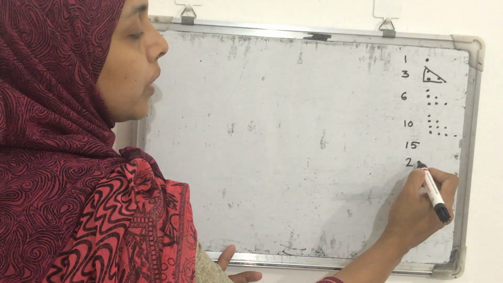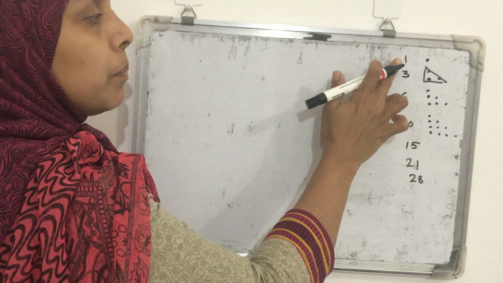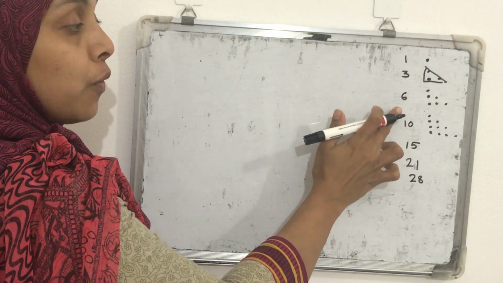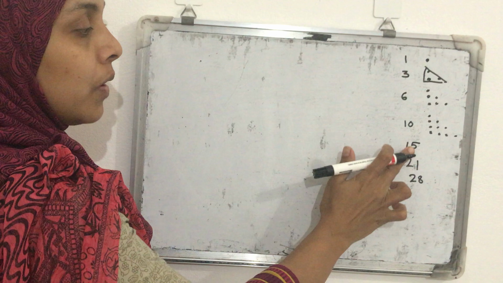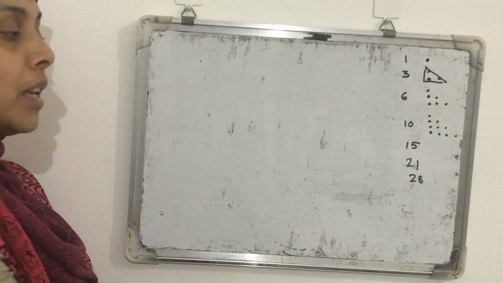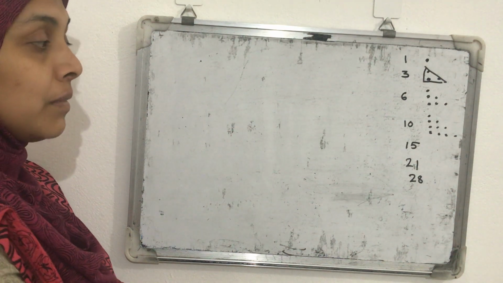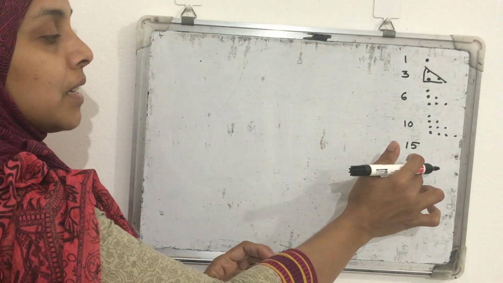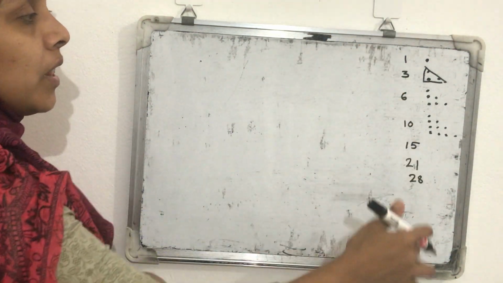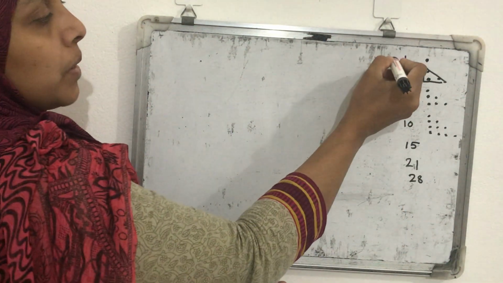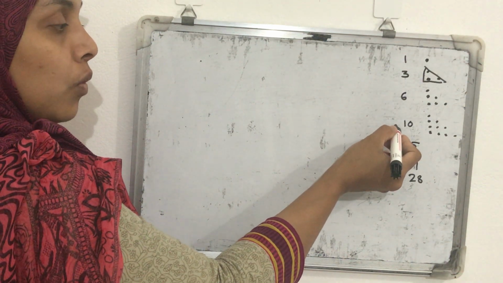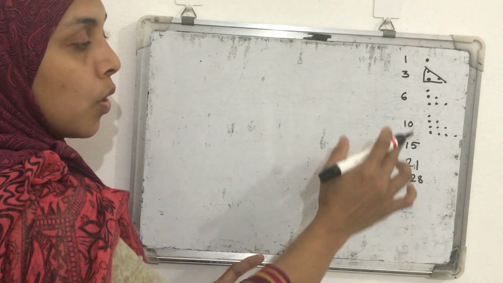In another way, you can think of it like this: 1 plus 2, 3. 3 plus 3, 6. 6 plus 4, 10. 10 plus 5, 15. 15 plus 6, 21. 21 plus 7, we will get 28. Like that, we will get the triangular numbers. Okay. So the first number is 1, second 3, third 6, fourth 10.